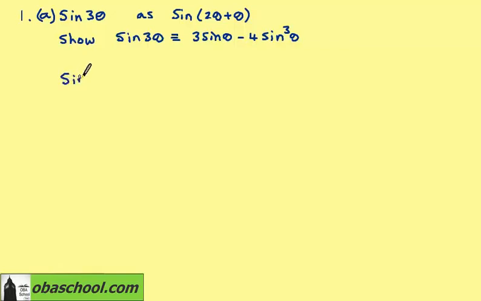Let's start with the sine 3 theta and write it, as we're told, as sine 2 theta plus theta.